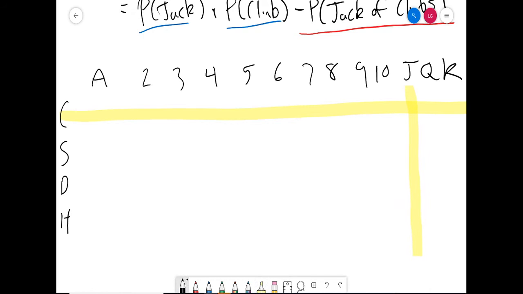And note that the jack of clubs right here is double counted. You see the intersection. So we subtract exactly once. So we can think almost like it's already been counted, so all we want to do is add these three as successes.